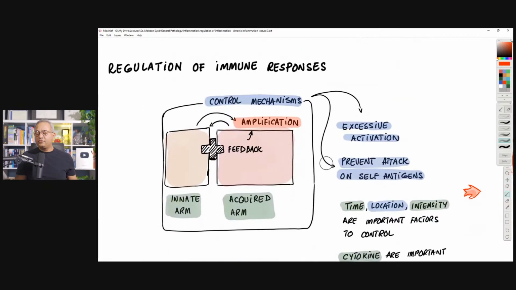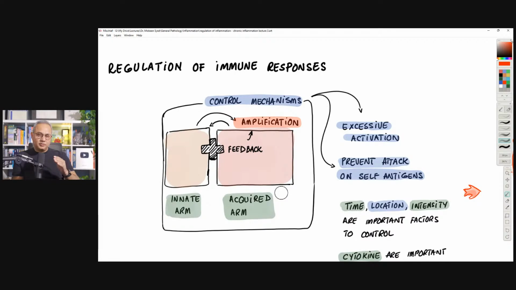So regulation of the immune system, just very quickly, if I can go from inside out of this picture. Inside the picture, these two boxes represent the two arms of the immune system. The immune system has two arms, correct? One is called the innate arm. We've been talking about it for years now. The other one is called the acquired arm.